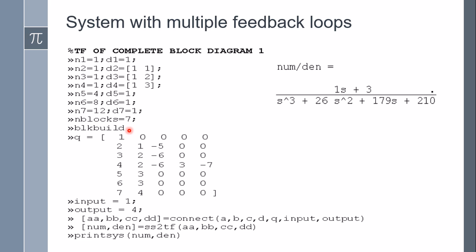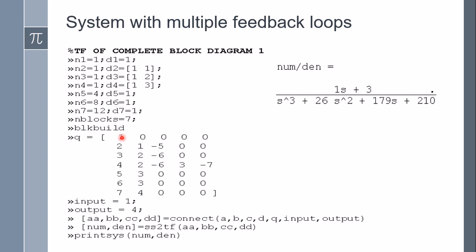Next I need to tell Matlab how the several blocks are connected, and where each and every block is going to receive its input from. In the first column, we have taken 1, 2, 3, 4, 5, 6, 7. So I am defining a Q matrix in which the first column has the block numbers 1 to 7, and in the subsequent columns I give the information regarding where the particular block is going to take its input from.